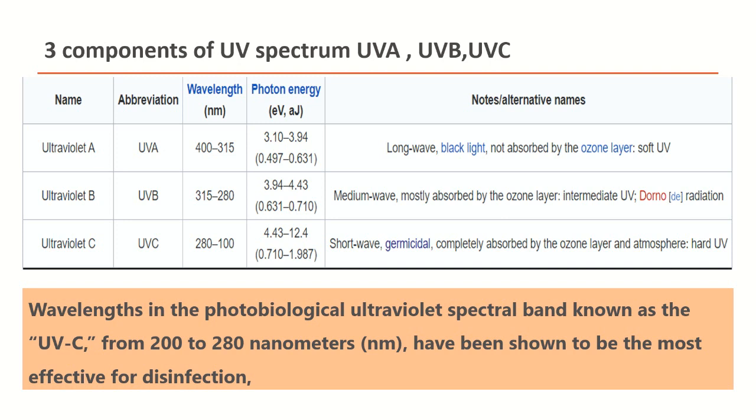This wavelength, for its germicidal properties, is used for virus and bacteria disinfection and deactivation. The wavelength between 200 to 280 nanometers is of special photobiological importance because of its effect for disinfection, the highest effect for disinfection.